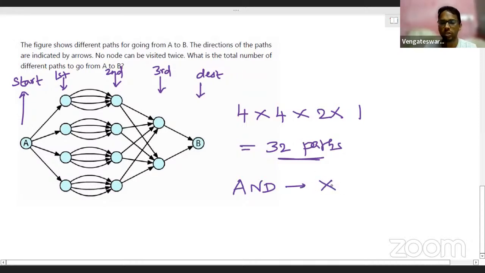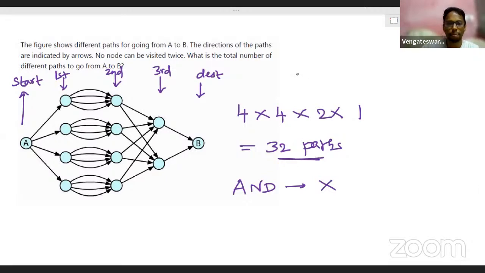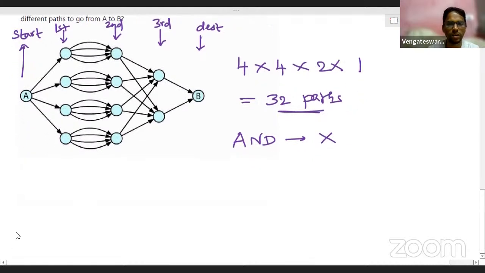In terms of calculation, you need to do multiplication. So you are moving from first, starting to first, and first to second, and second to third, and third to destination. So 4 into 4 into 4 into 1. So that's what we do. That's it. Fine. Very good. That's really a good catch.